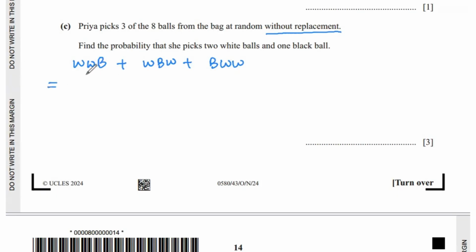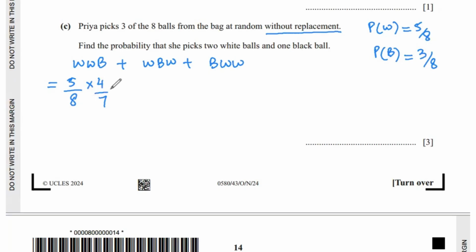So if she's picking the white one first, the probability of white was 5 over 8. And the probability of black was 3 over 8. So it's going to be 5 over 8 times 4 over 7 now. Why 4 over 7?